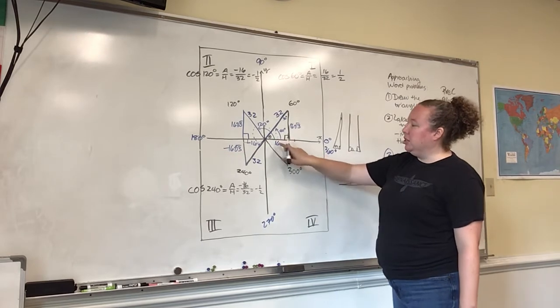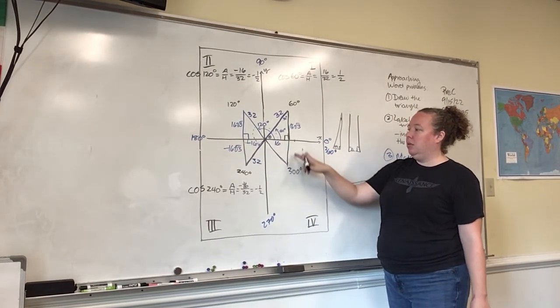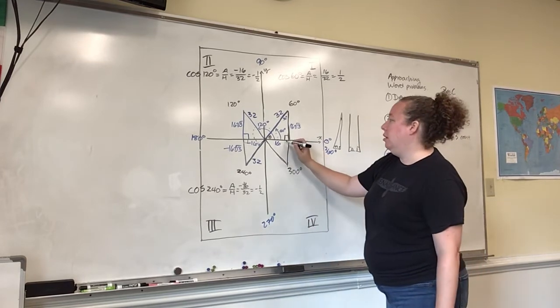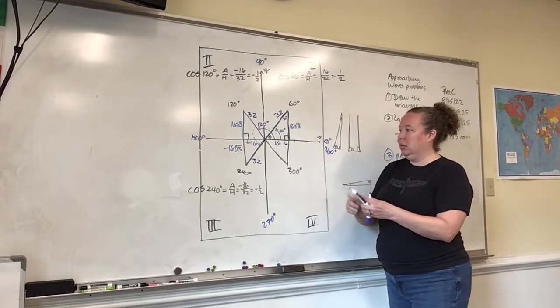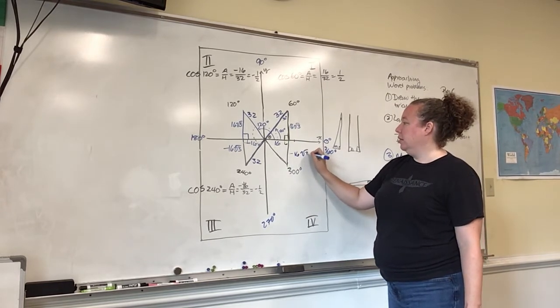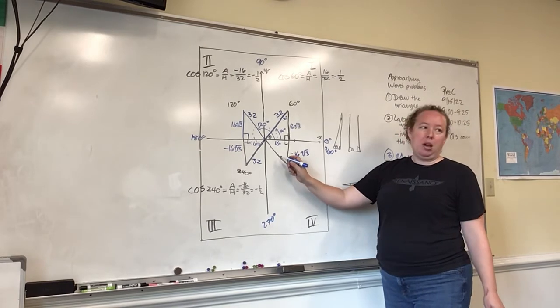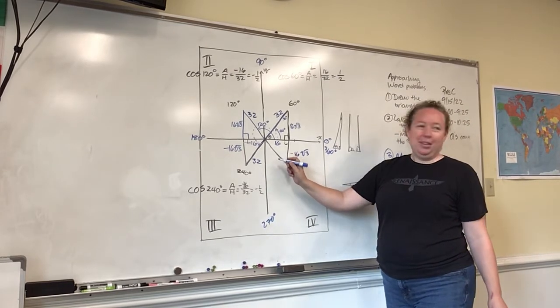All right, and here we can see we've already got the adjacent side labeled. It's the 16. What is the depth of this right triangle, Alex? Negative 16 square root of 3. That's right. And has the length of the hypotenuse changed, everybody? No, it has not.